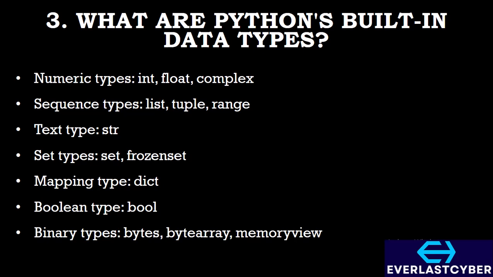Python also uses the text type, which is a string, and it also uses set types like set and frozenset. Python also uses the Boolean data type as well as binary types, which are bytes, bytearray, and memoryview.